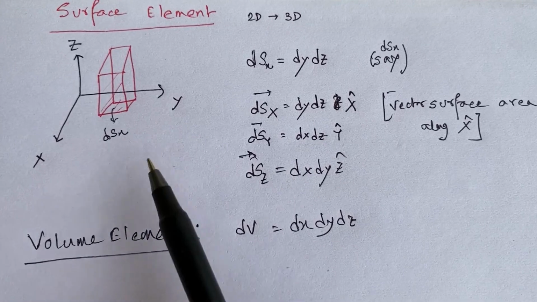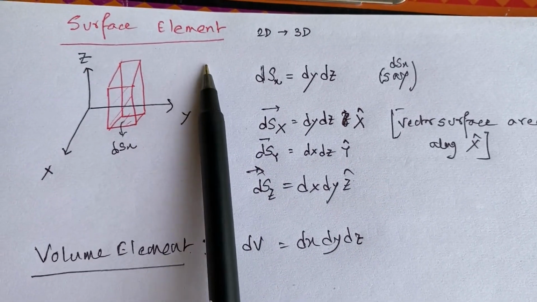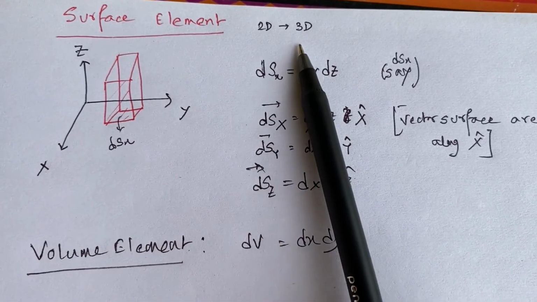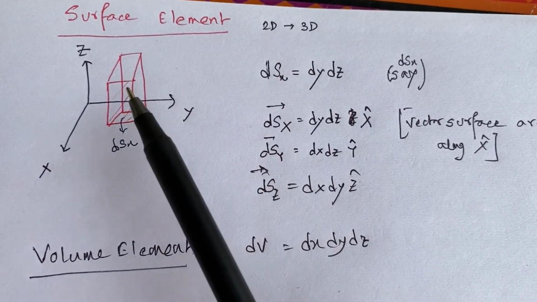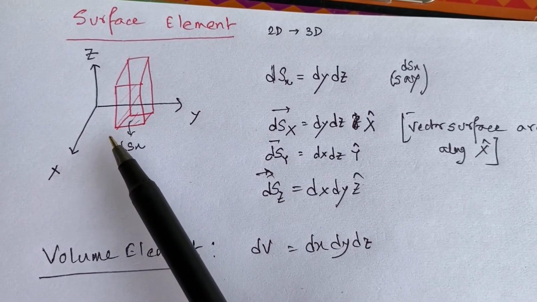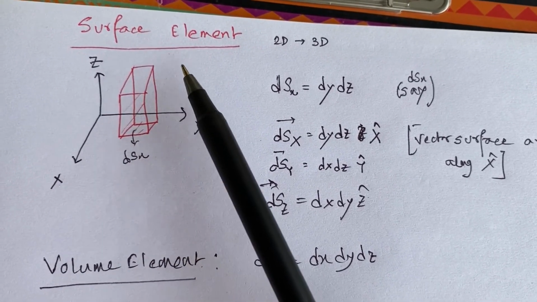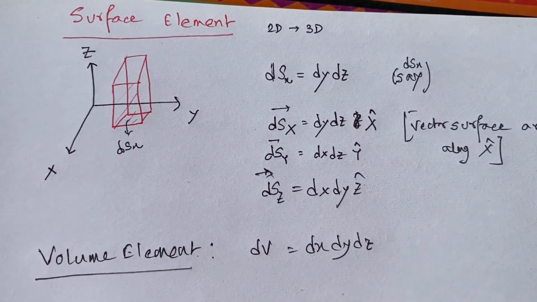Now what if we have a surface element? To have a surface element we need 3 axes. We are switching over here from 2D to 3D to denote a surface. Suppose for the time being I am taking this cuboid as my surface.